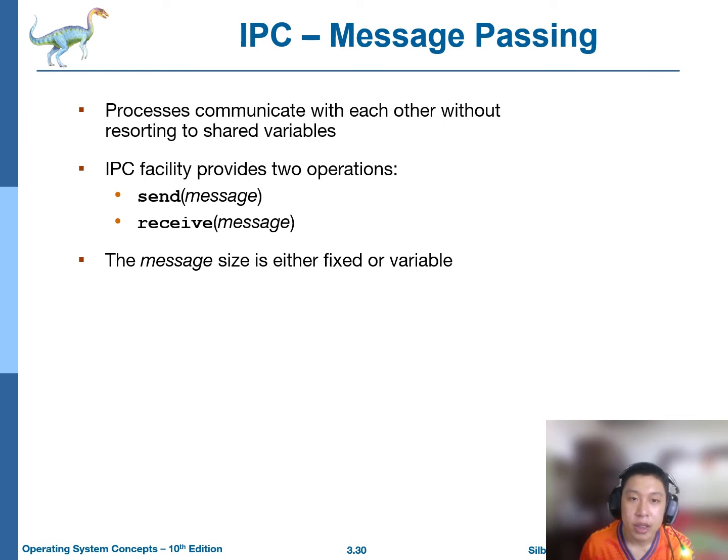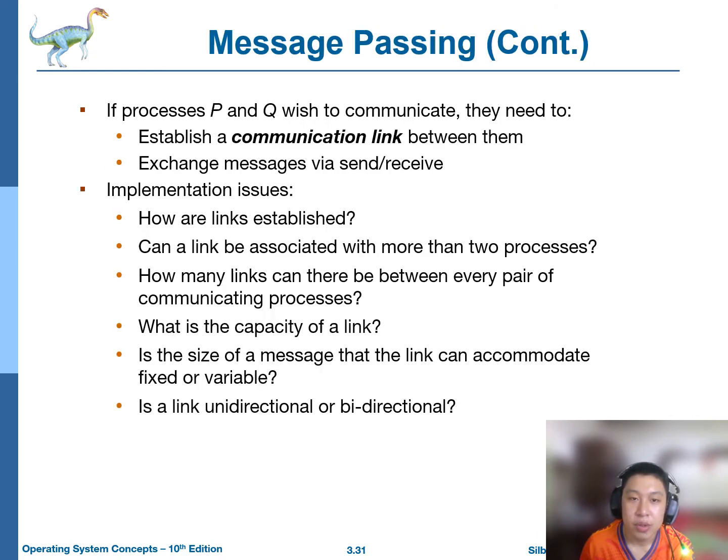Processes communicate with each other without resorting to shared variables. The IPC facility provides two operations: send and receive. The message size is either fixed or variable.